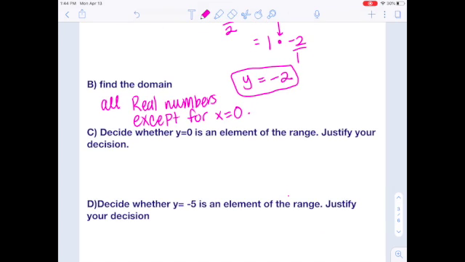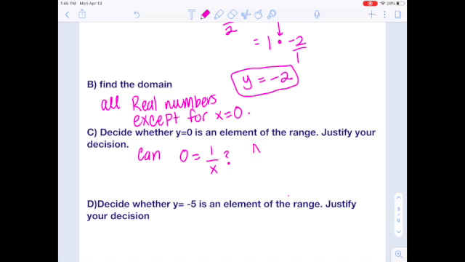Part C kind of flips the problem around, and it says decide whether y equals 0 is an element of the range. Justify your decision. Pretty much what you're asking yourself is, can 0 equal 1 over x? Is that even possible? Think about that.